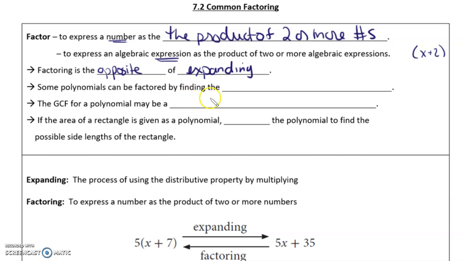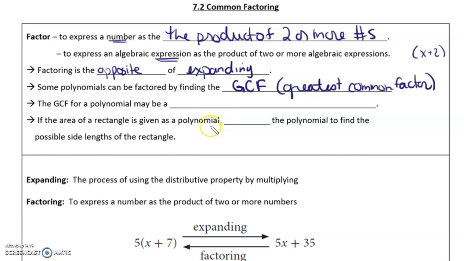Some polynomials can be factored by finding the greatest common factor. Not all, but that's what we're going to focus on. That's like the first step of factoring, so we'll focus on that today.